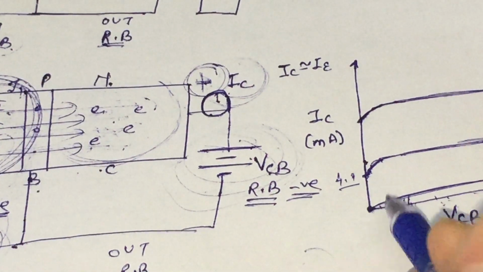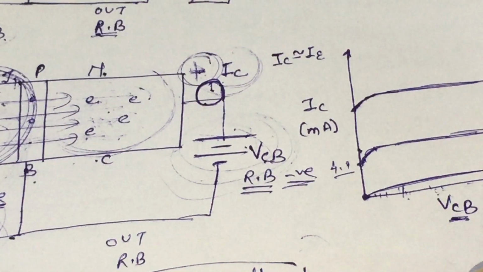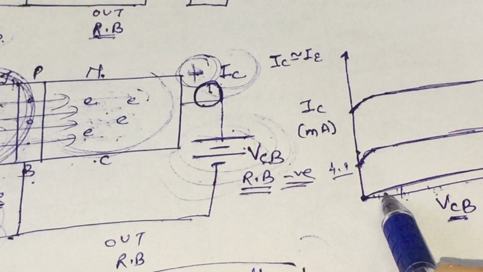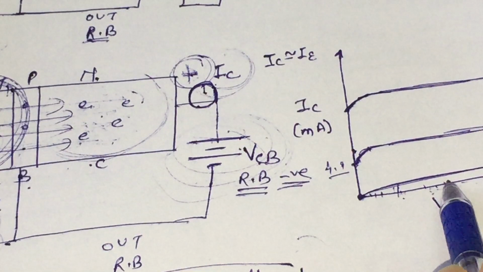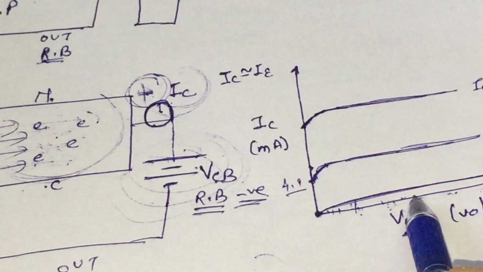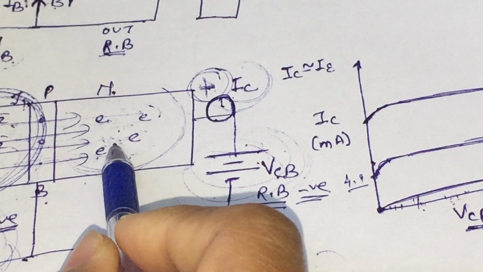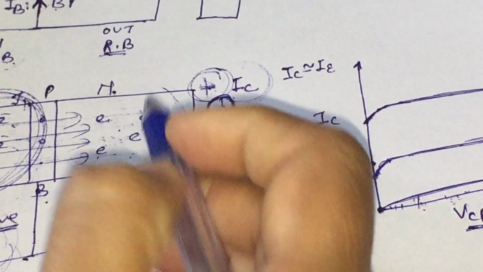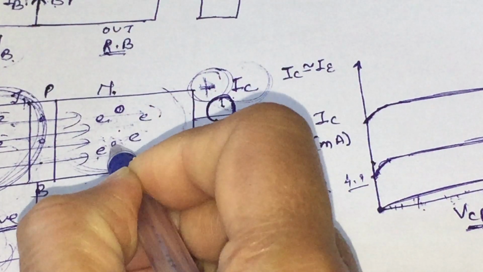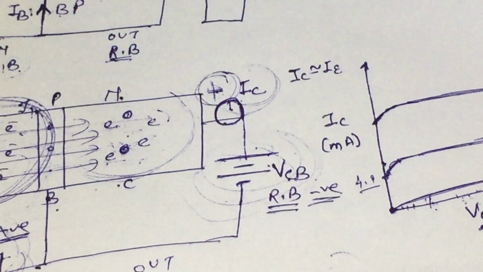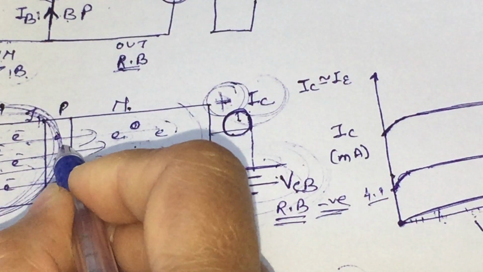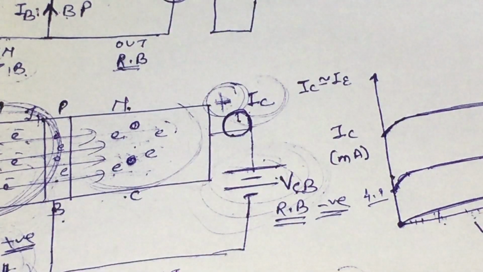But we are applying the forward biasing at the input, and at the output we are applying the reverse biasing, and due to this the base and collector terminals become reverse biased, and there are some holes in the collector region and few electrons in the base region.